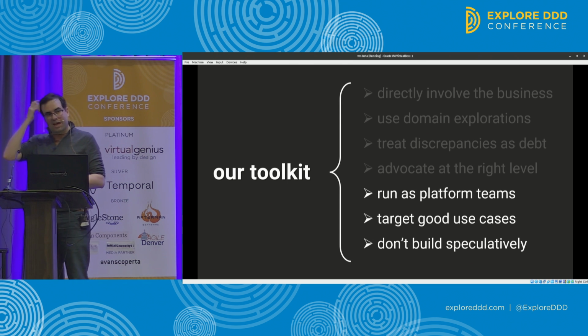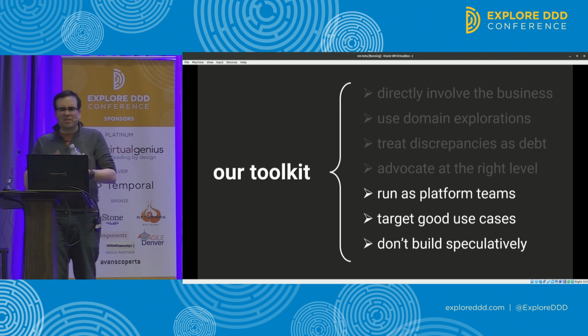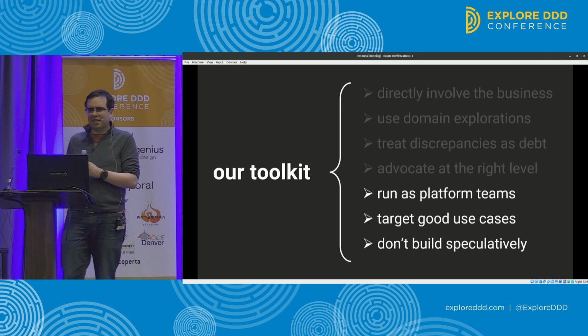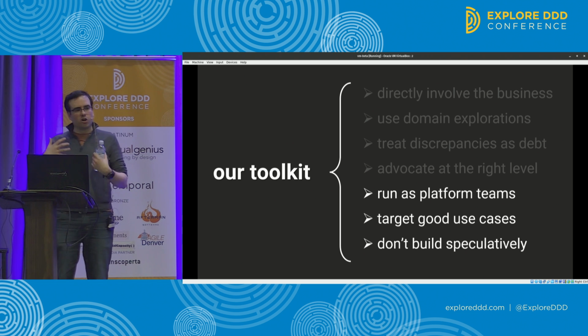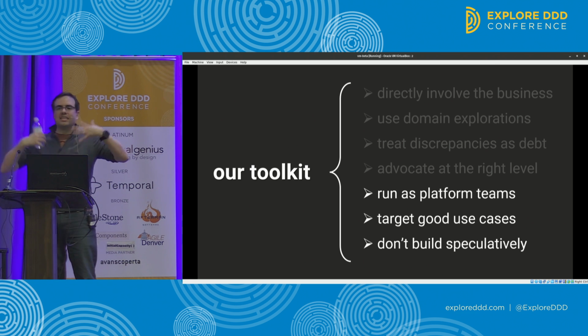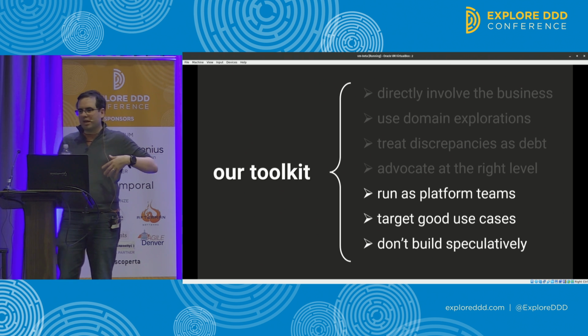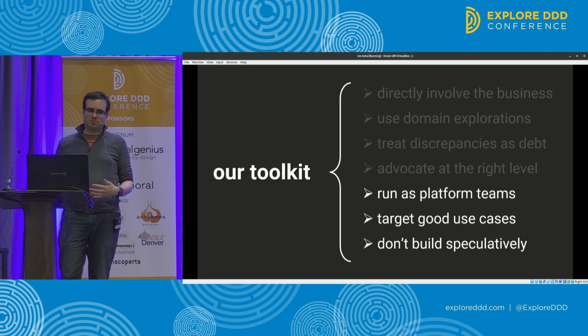So that rounds out the last 3 items in our toolbox. We want domain teams to be able to run like their platform teams or directly as platform teams in many cases. That's usually the right analogy for most enterprises. We want them to target good use cases where they're valuable, high energy, really clear to business stakeholders, and easy to explain why the thing is valuable. If you have to write pages and pages explaining why it's useful or valuable, it's probably not useful or valuable.